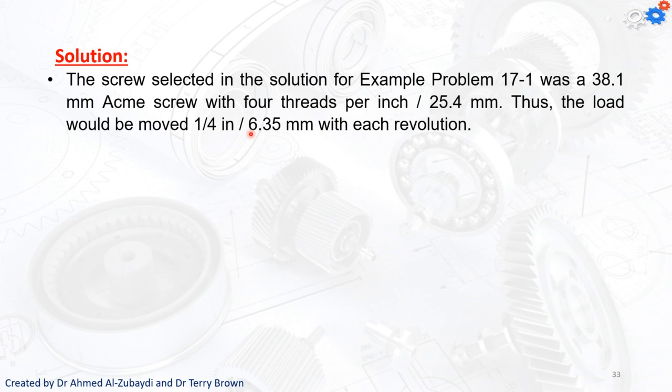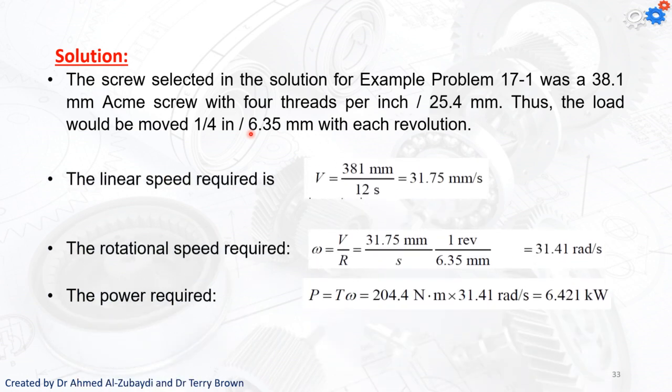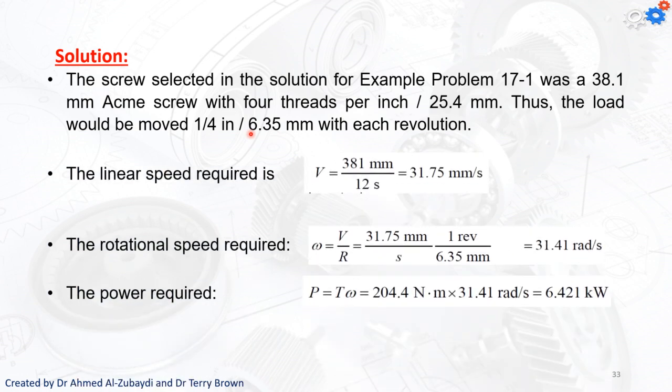Now I can know the number of the revolutions. Okay, and I can find what will be the linear speed. We're moving for 381 millimeters within 12 seconds. So that means that the linear speed required is going to be 381 divided by 12, or this will give me 31.75 millimeters per second.